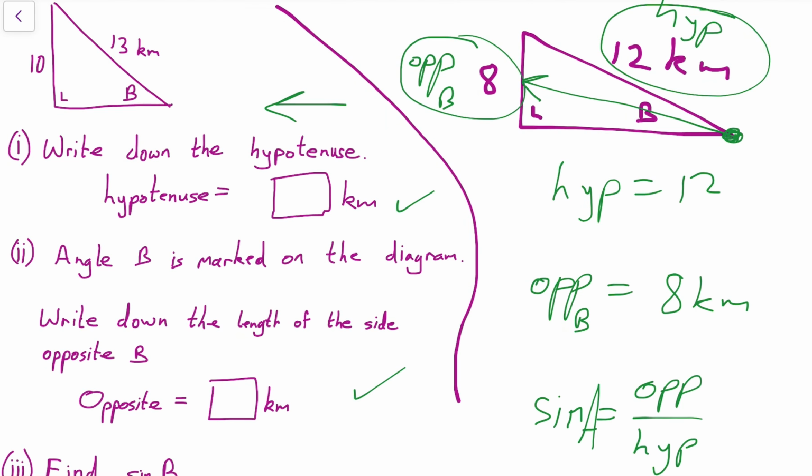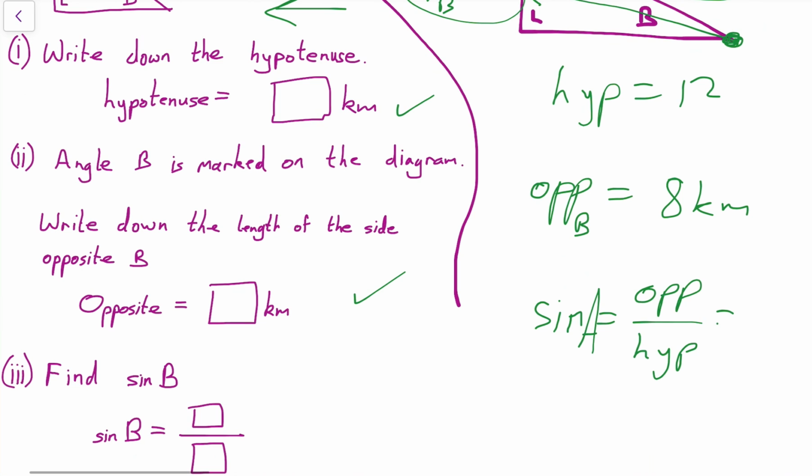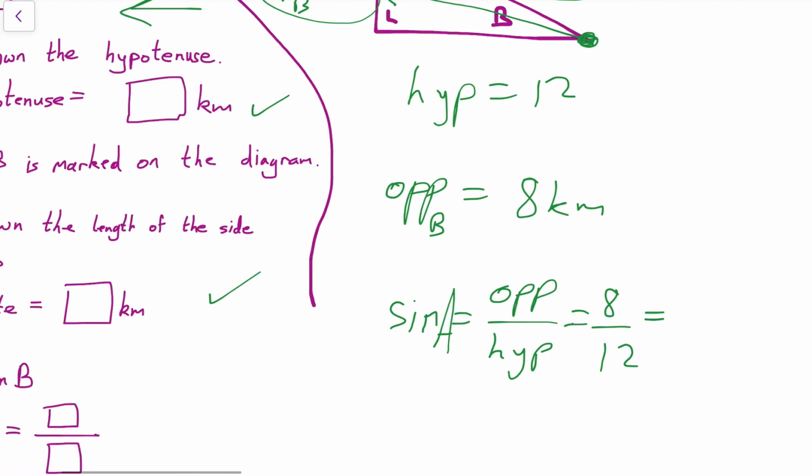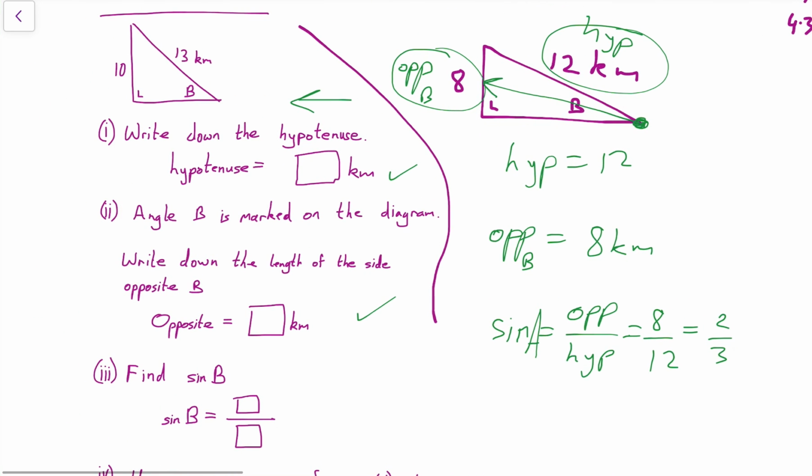So we're looking at 8 over 12. That's it written down as a fraction, and that fraction simplifies down to 2 over 3. So we found sine B as a fraction. I labelled it sine A, but I should have labelled it sine B.